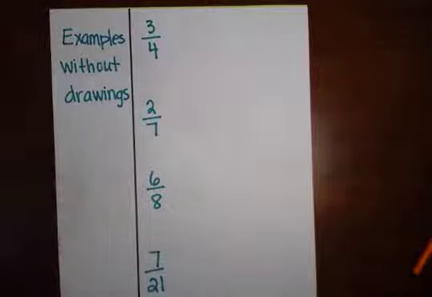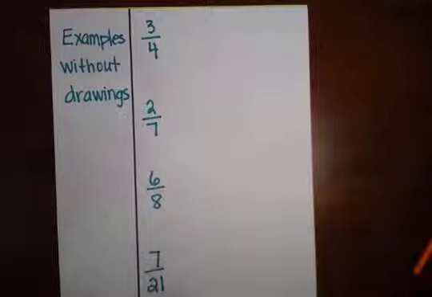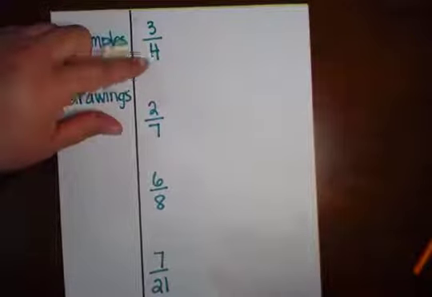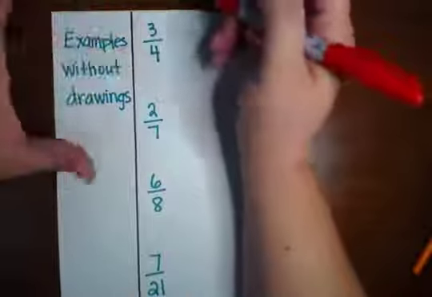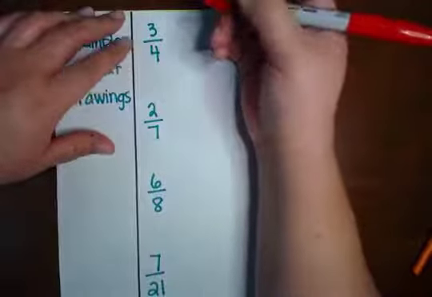So 3/4. If you have to come up with an equivalent fraction to 3/4, what you can do is either multiply or divide. There's not really anything I can divide equally in this fraction, so I'm going to multiply. Now when you multiply, you want to keep the number small. You don't want to multiply by large numbers unless you have to.